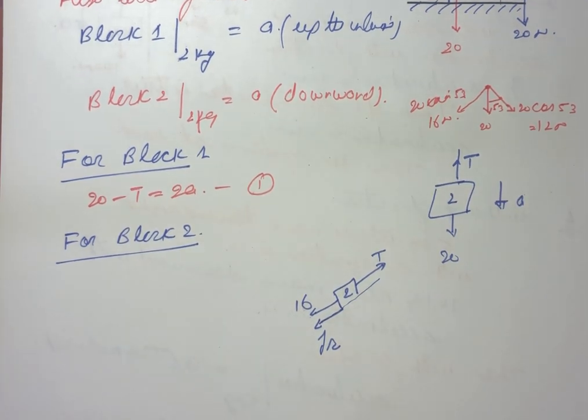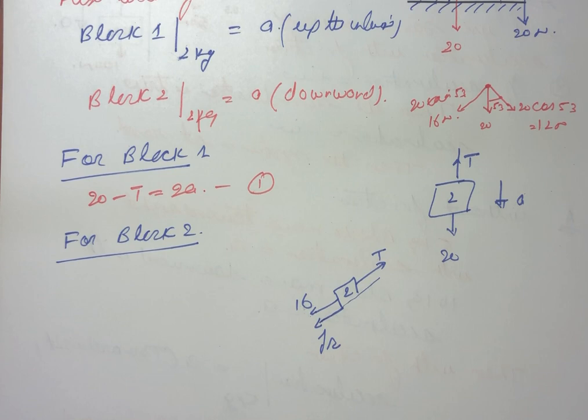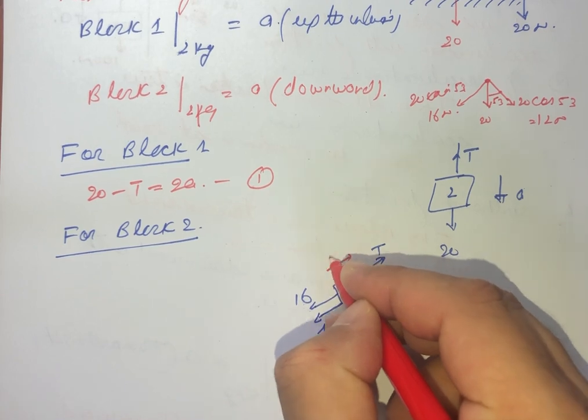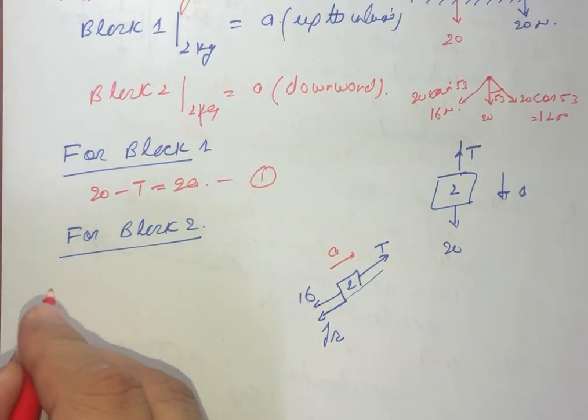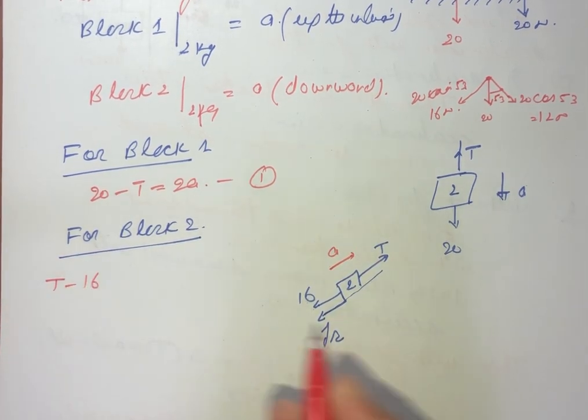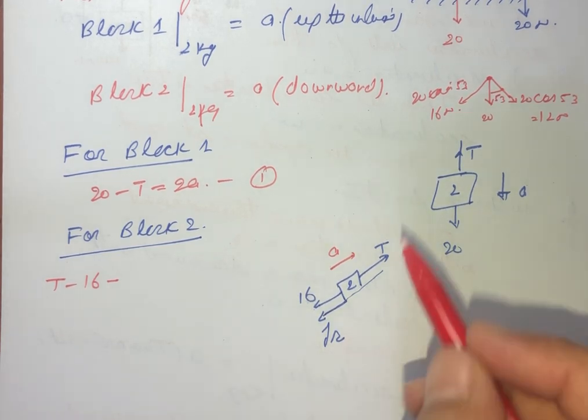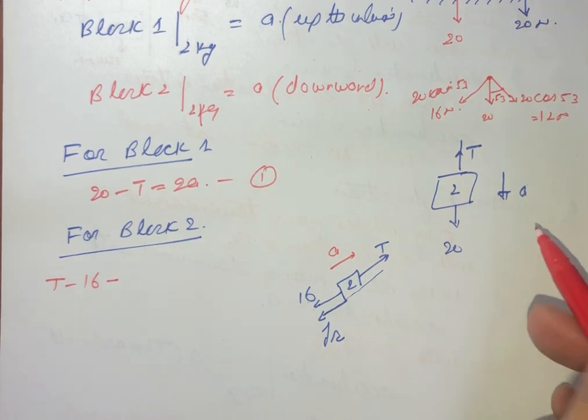So we can say T, and there is acceleration upward A. So this can be written T minus 16 minus Fr, and Fr is 0.1 into normal, that is 12.